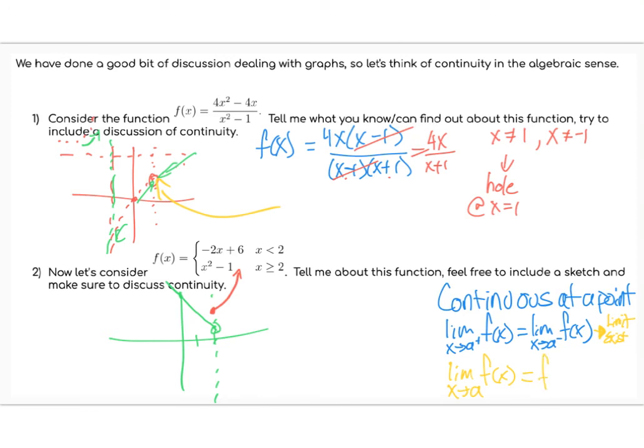In other words, if I were to plug in a, I have to get the same value. For my first example, we get nothing. That point doesn't exist. In my second example, we'd end up getting that top point, although that breaks that first part, so that doesn't even apply for this. This two step process is going to be the key to everything that we do here for the rest of this activity.